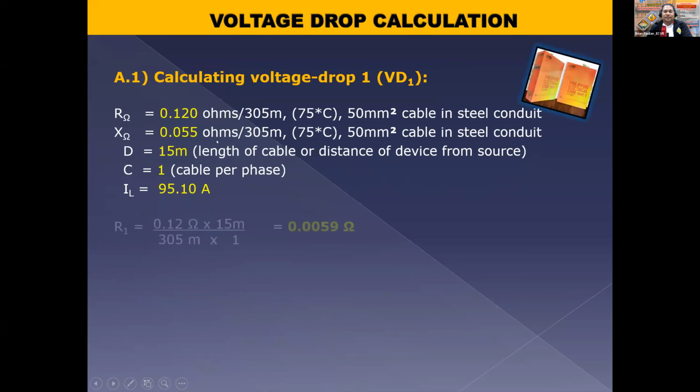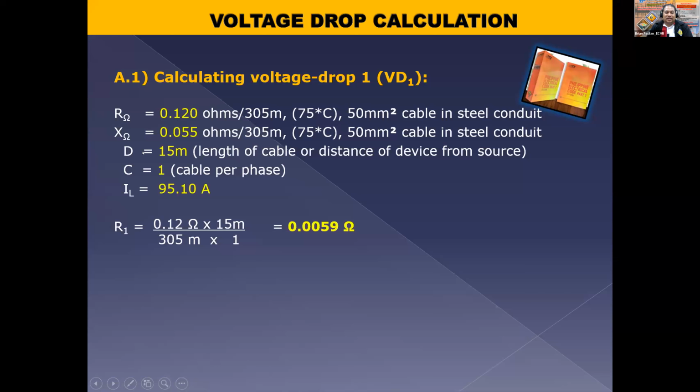Now, solving for voltage drop. So meron tayong impedance values, no? Resistance and reactance doon sa PEC na table natin. Ibigay ko yan mamaya in reference. So ito yung resistance ng cable natin at 305 meters, 0.12 ohms for the 50 mm squared cable in steel conduit. And then the reactance is 0.055 at 305 meters.